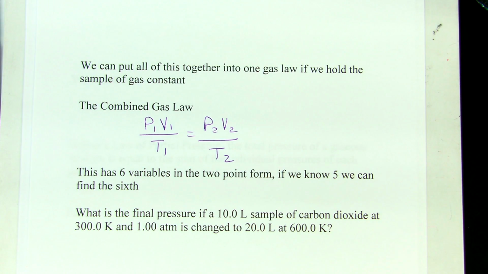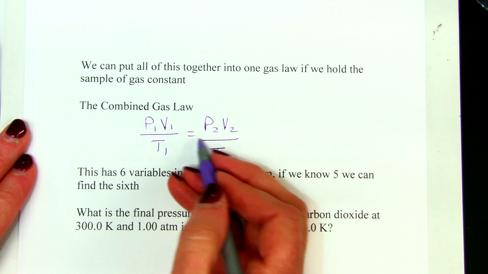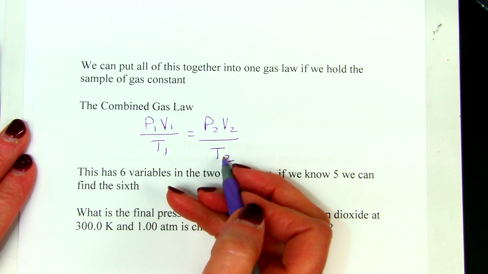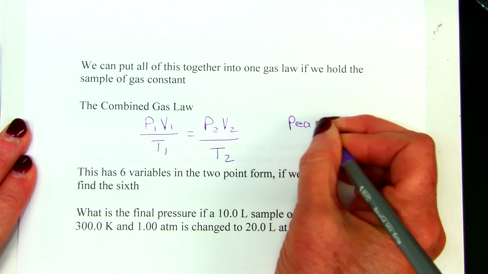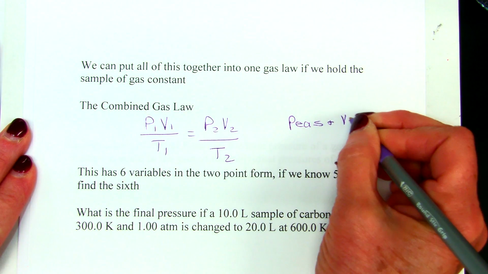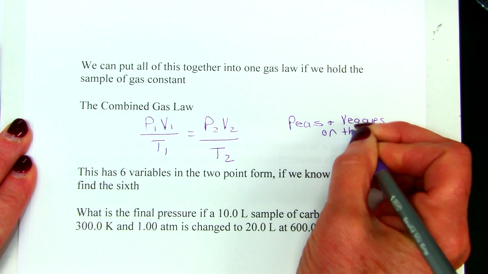What I found when I was a student, the first time I was learning this, I got mixed up sometimes. Is it pressure times volume or is it pressure divided by volume? Because they're different. I learned a little trick for the combined gas law that helped me with the individual ones too. It's kind of silly, but: peas and veggies on the table.